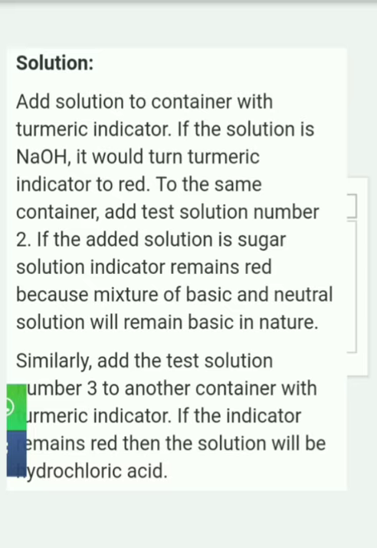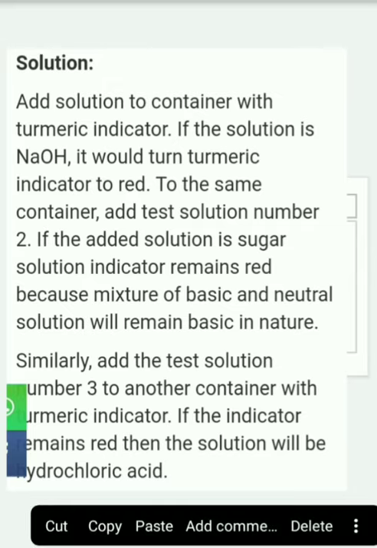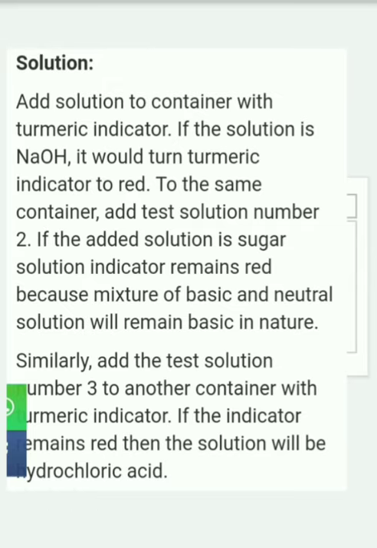Add a solution to a container with the turmeric indicator. If the solution is sodium hydroxide, it will turn the turmeric indicator red. To the same container, add test solution number 2. If the added solution is sugar solution, the indicator remains red, because the mixture of basic and neutral solution will remain basic in nature.